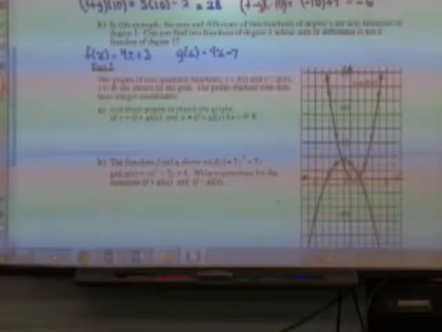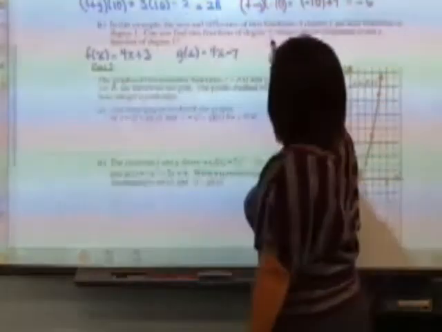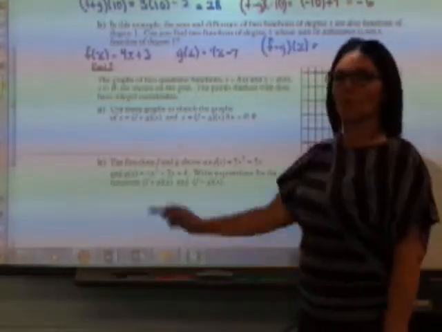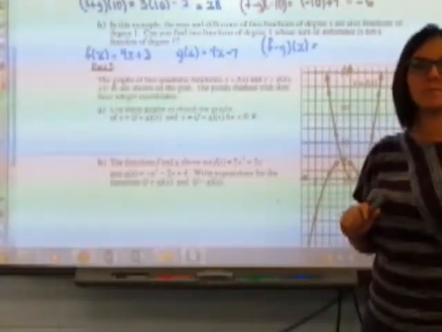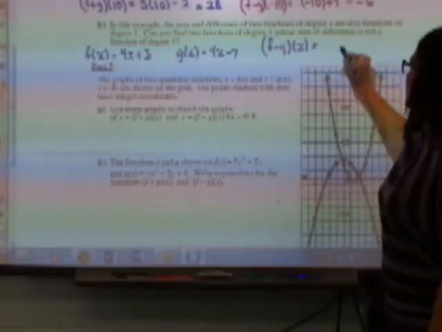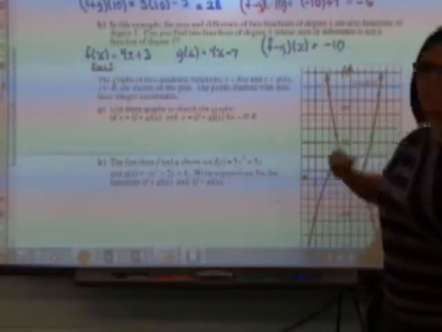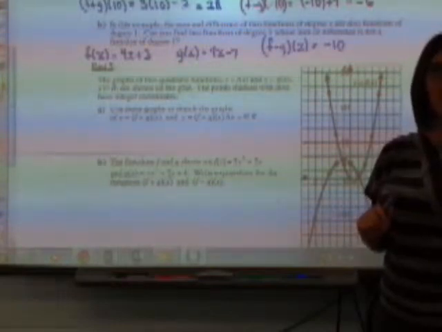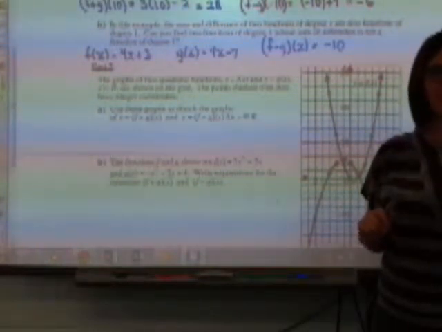If I had these two functions, what would happen if I subtracted the two functions? What would I get when I subtracted them? 4x minus 4x is 0, and 3 minus -7. Does this function have a degree of 1? No. If it doesn't have a variable, it doesn't have a degree.